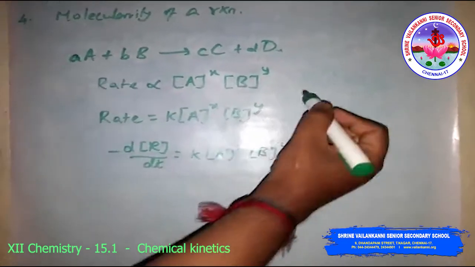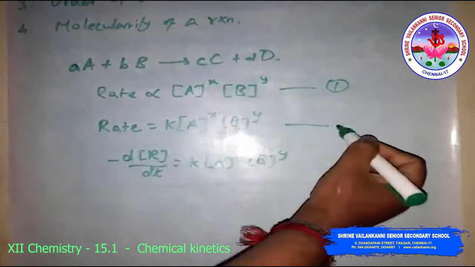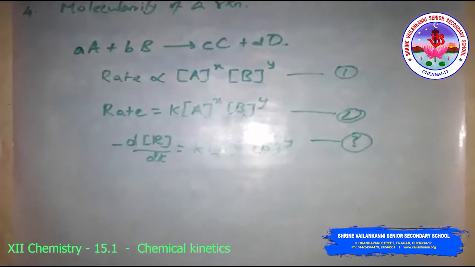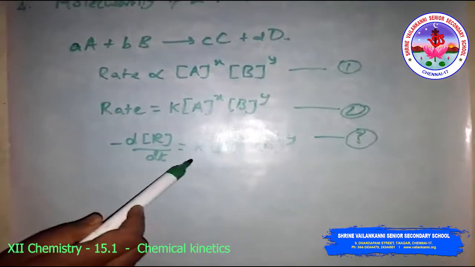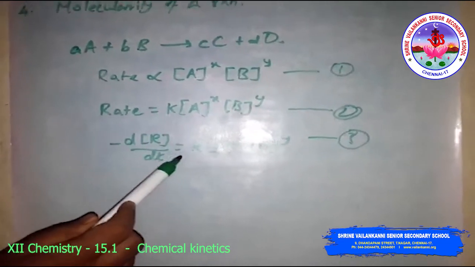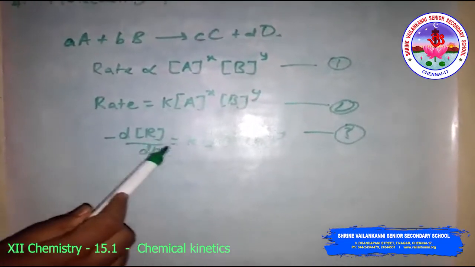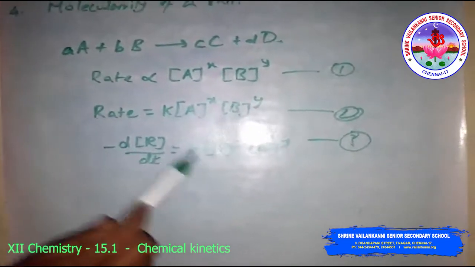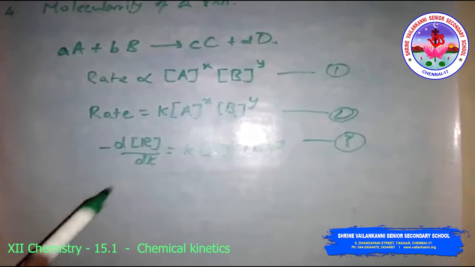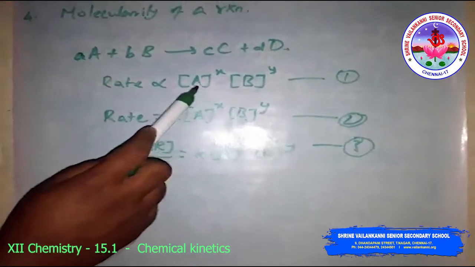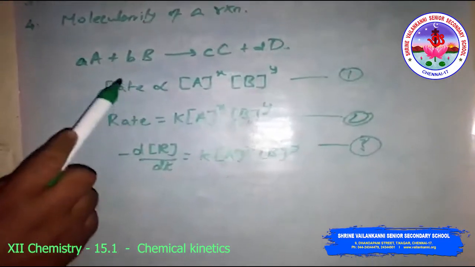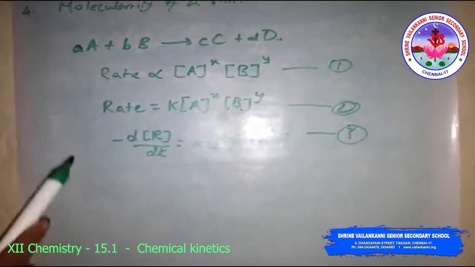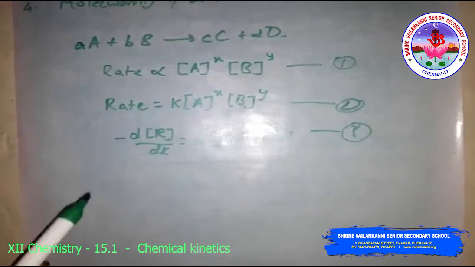See, these are equations number 1, 2 and 3. Look at this equation. This is called a differential rate equation. Here k is the proportionality constant and is also called the rate constant. The equation 1, which relates the rate of the reaction to the concentration of the reactants, is called the rate law expression, rate law or the rate expression.